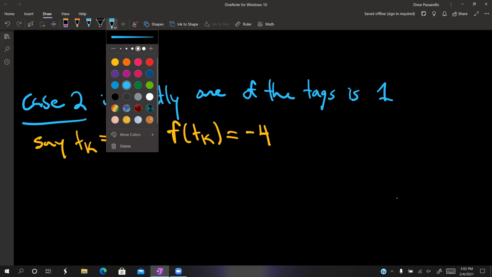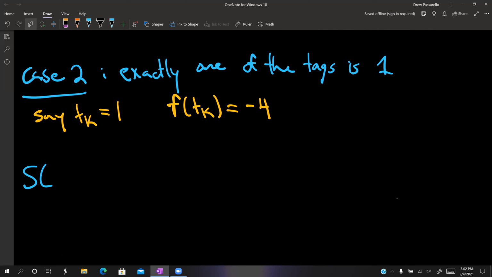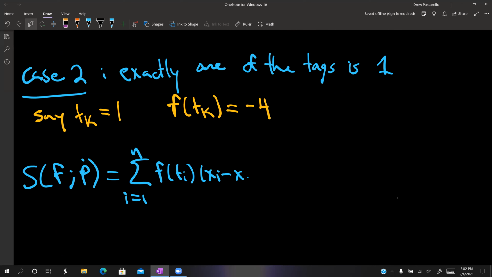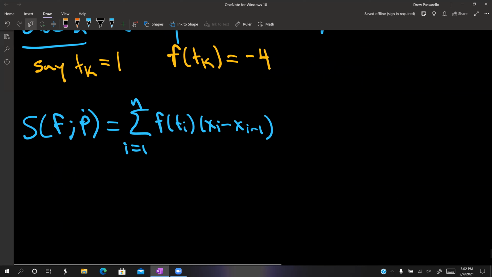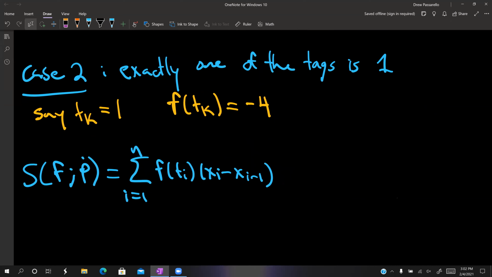So what does the sum look like? So we do find its sum. Just showing what it would be. For all ti that are not tk, f of ti is equal to 3, right? Because that's 3 for all values that are not 1.